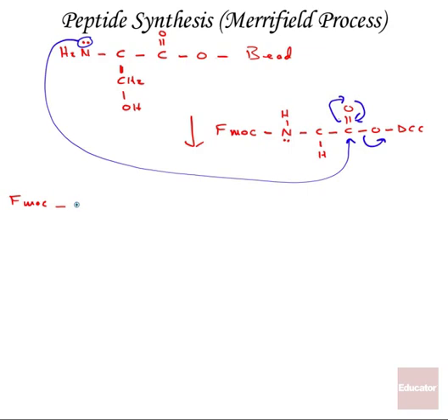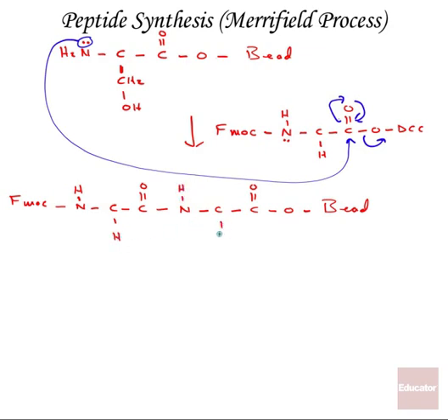So our final product is going to be FMOC, NCC, and then NCC, carbonyl, carbonyl, O. This is attached to the bead. This is there. This is our glycine.